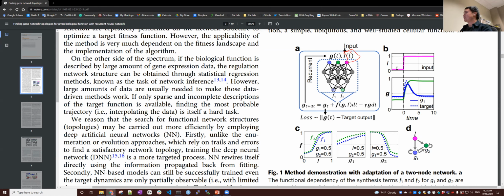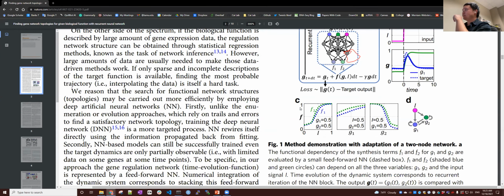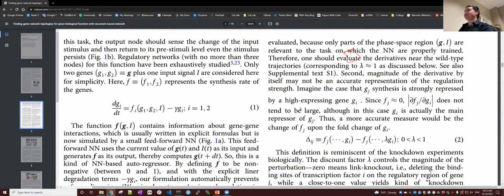For example, figure B shows there is a step signal I. If you set your I like this, and you will get the curve of gene expression G1 and G2 change across time like this. So that's the main idea of figure 1.